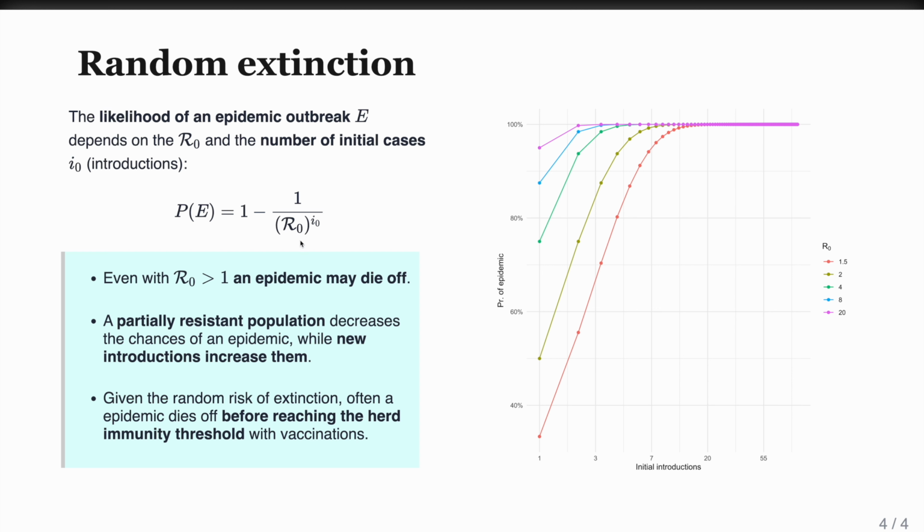Putting Re or Rt here, we can observe that having a partially resistant population decreases the chance of the epidemic even more. And it can also be estimated that as we reach higher and higher levels of vaccination, even if we don't reach the herd immunity threshold, we can still observe the epidemic disappear. Again, because it's a stochastic event, once R gets closer to 1, even if it's still above 1, we can observe the epidemic totally disappear.